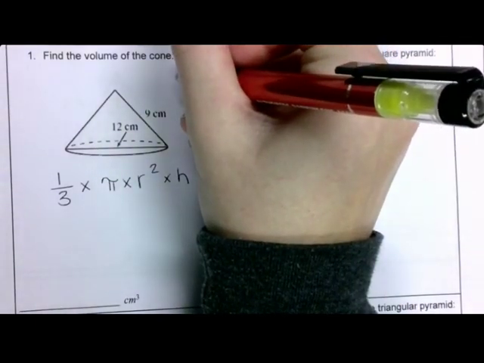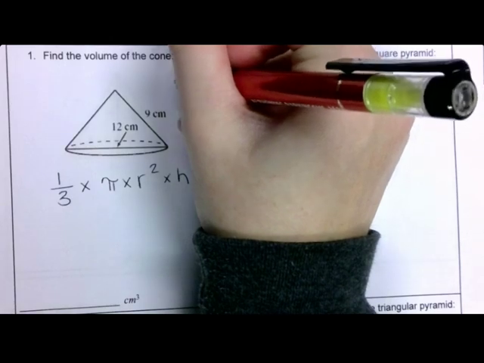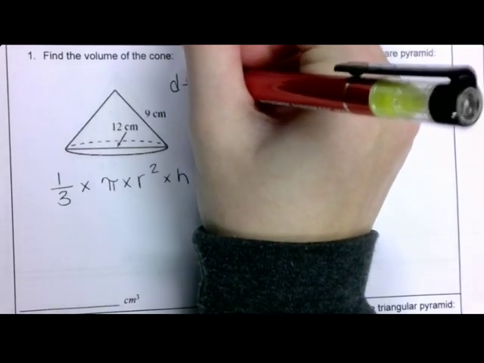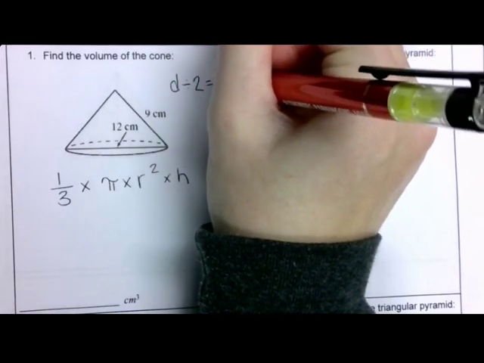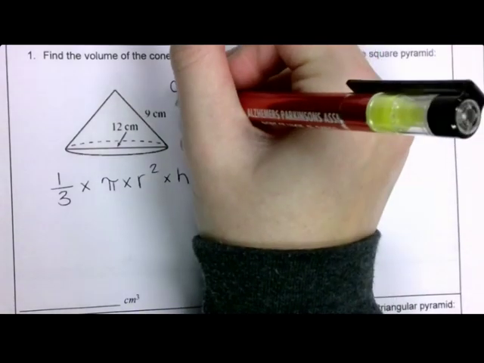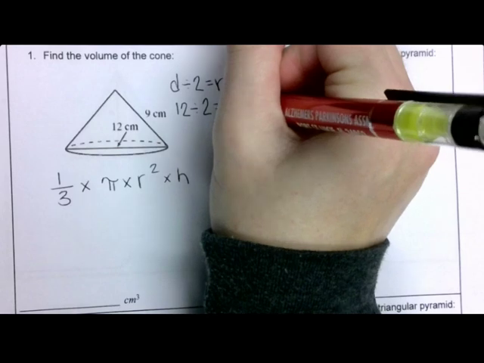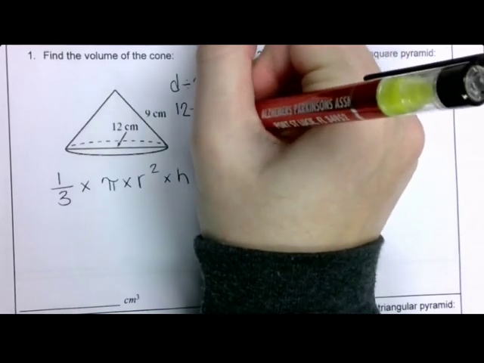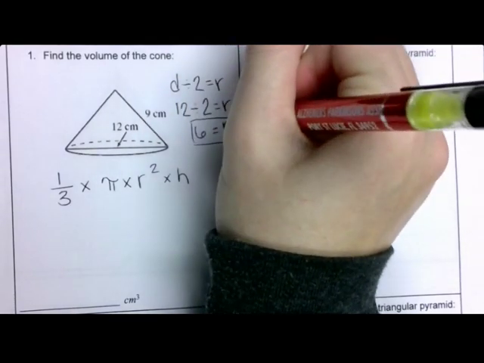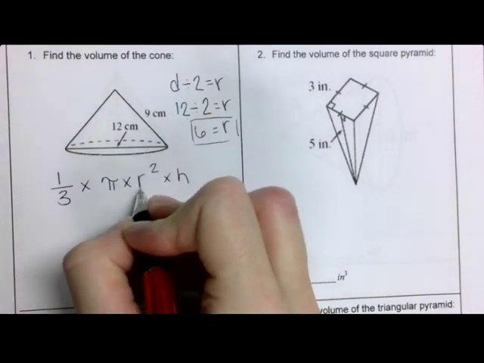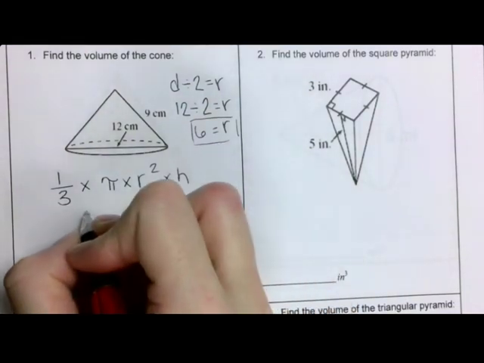If you looked at that first page, it said diameter divided by 2 gives us our radius. So we're going to take 12 and divide it by 2 to get our radius. So our radius equals 6. Right here where it says r, we're going to make that a 6.